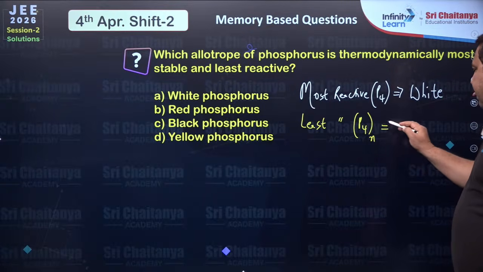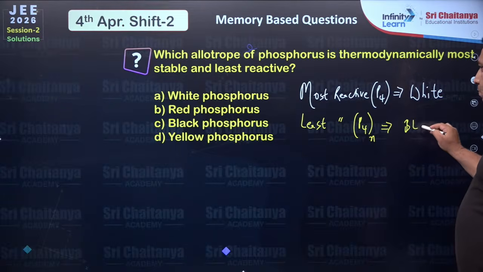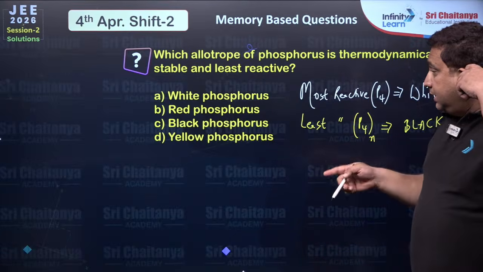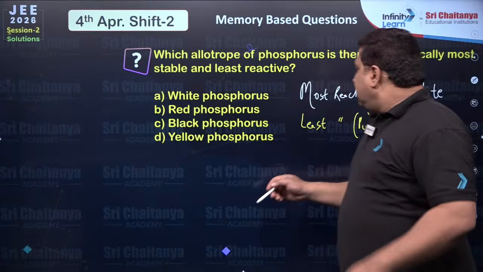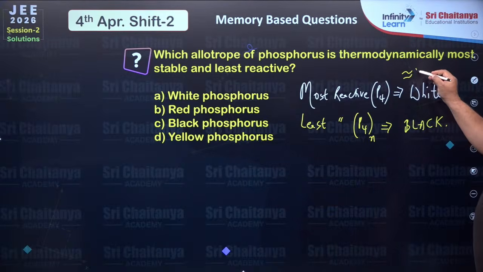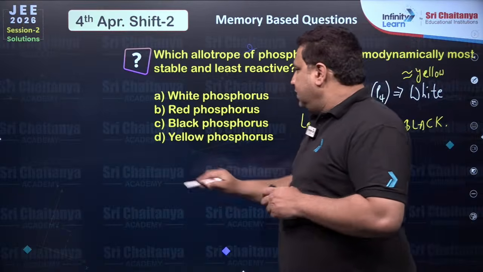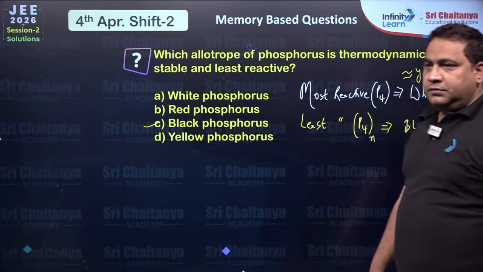It is black. So the order is white, red, then black. Actually white phosphorus is sometimes referred to as yellow phosphorus. Everybody give me thumbs up.